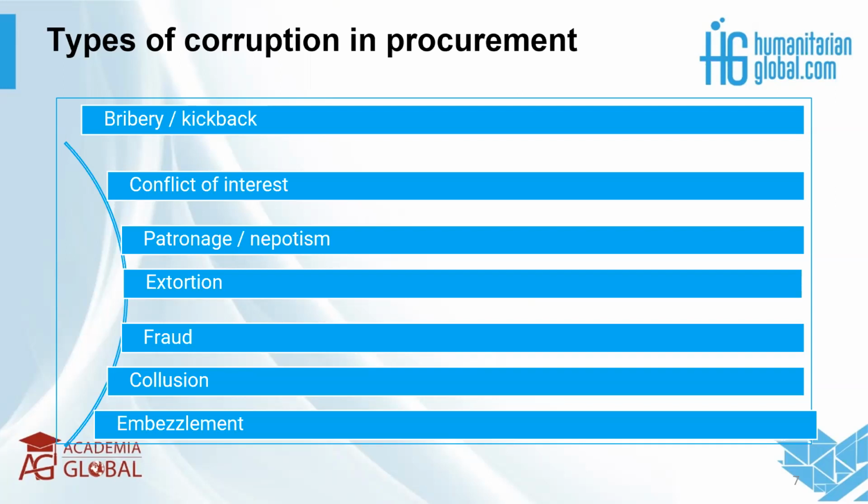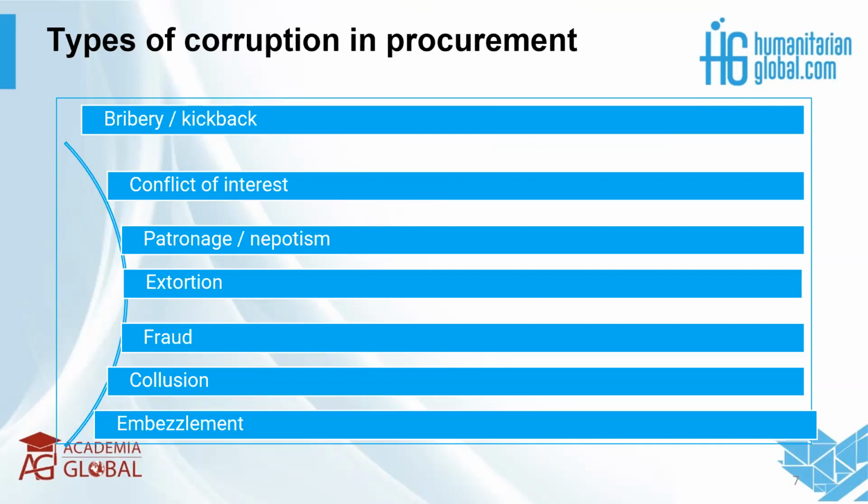Then a conflict of interest, which I defined, is where a procurement professional puts their interest in front of the interest of the organization. Like I said, you exploit a public position for personal benefit.